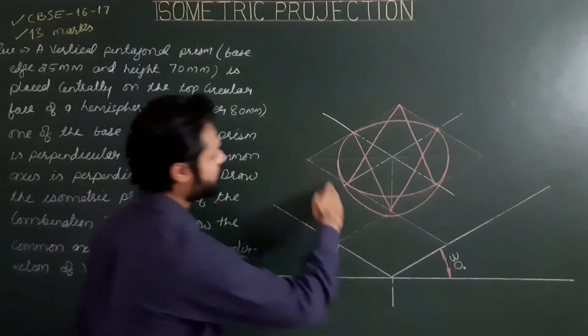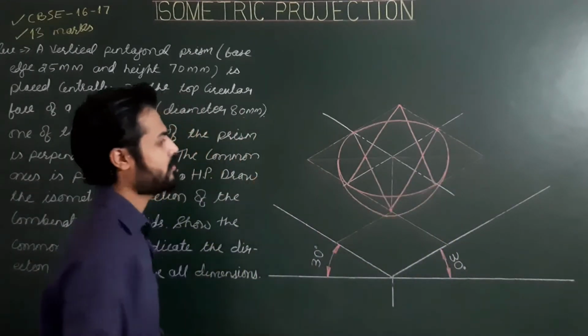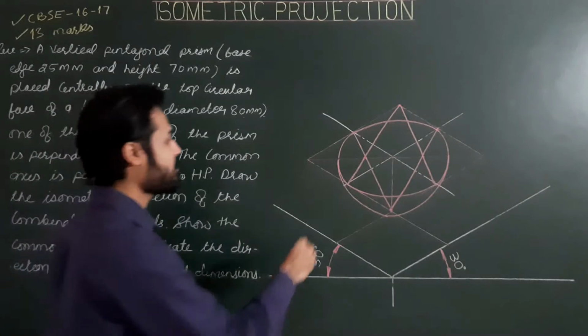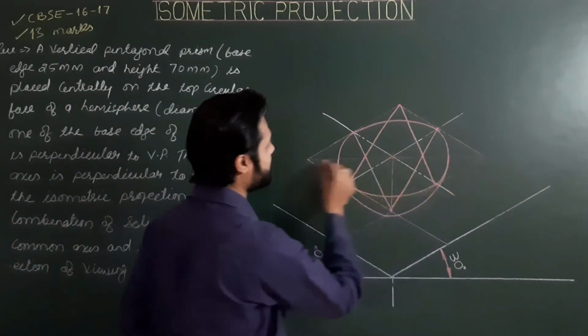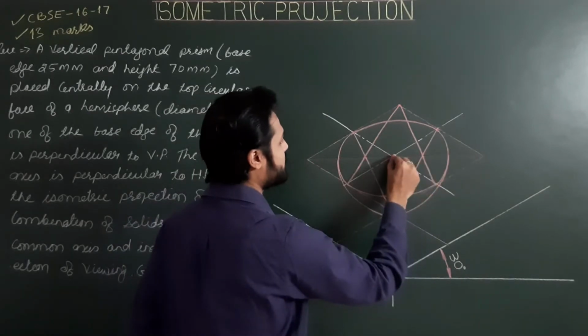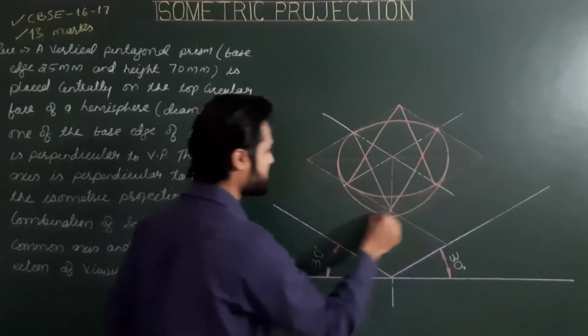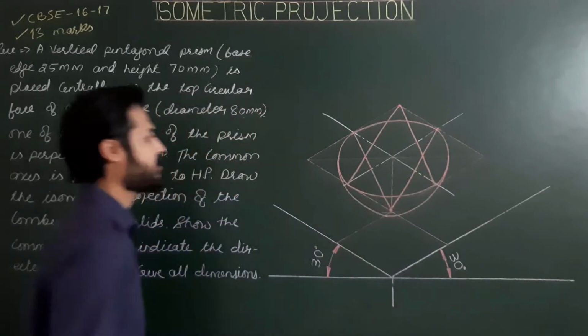So this is the lower or curved portion of the hemisphere, which is a semicircle. Below this line, this is the center and this much as radius. Just draw a semicircle.